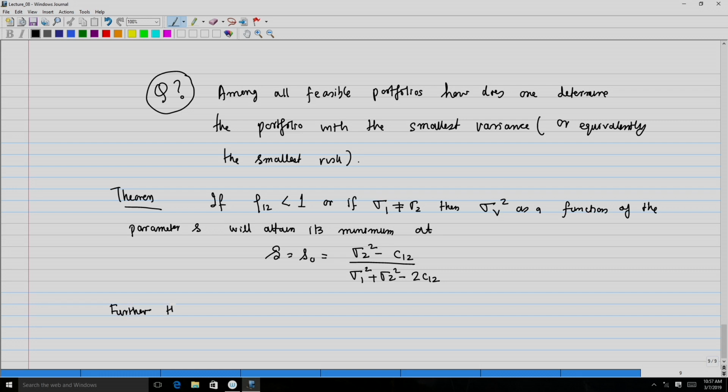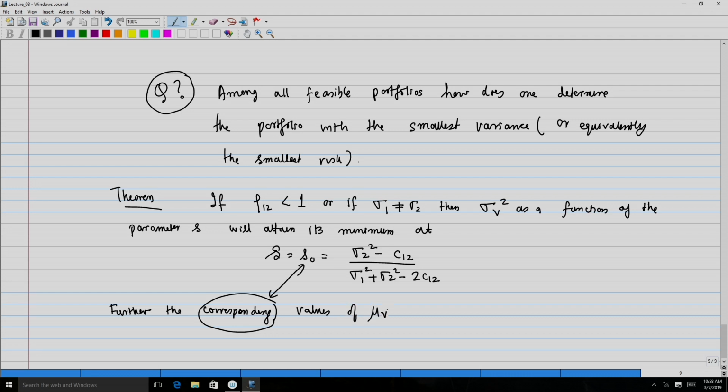Further, the corresponding values, and by corresponding I mean the ones corresponding to this particular S0 which minimizes sigma v square.